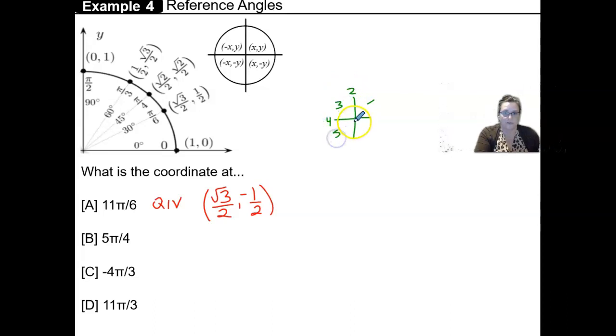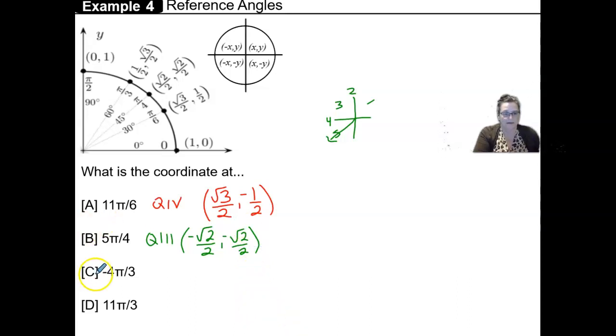So 5 pi over 4 is going to be in quadrant 3. So I use a negative x and a negative y in quadrant 3, along with my reference of pi over 4. Gives me a coordinate of negative root 2 over 2, comma negative root 2 over 2.